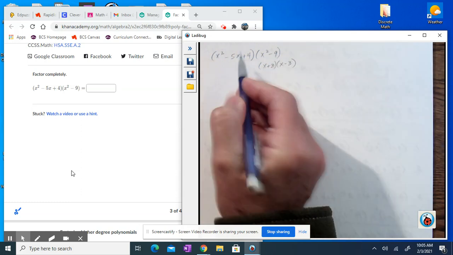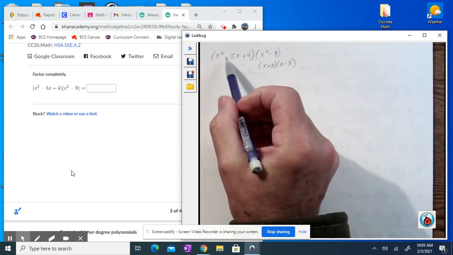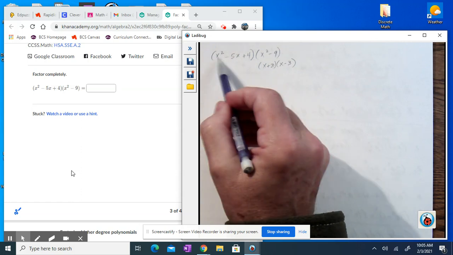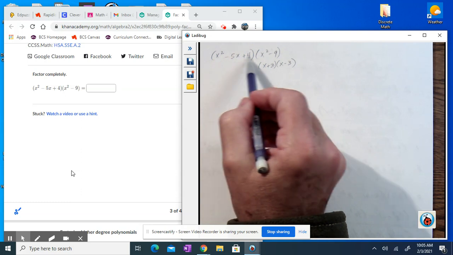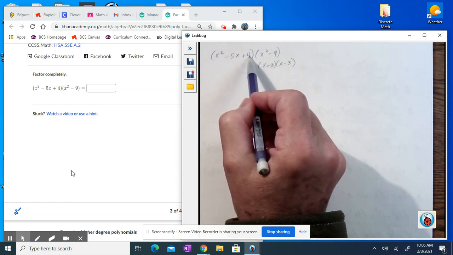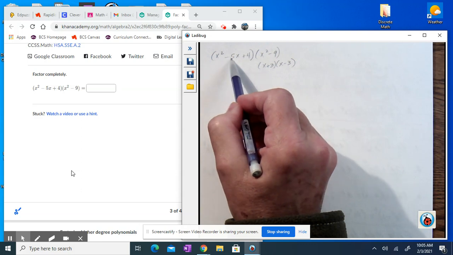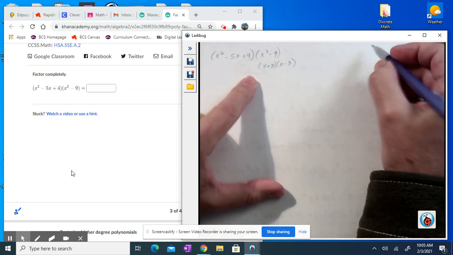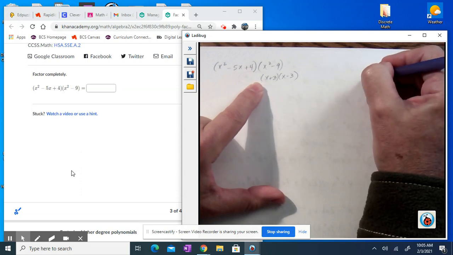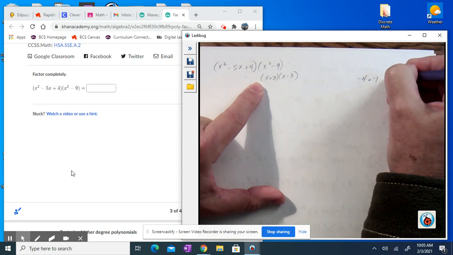Over here, I think this will factor. Remember, when you have just a typical trinomial like this, it's quadratic, and you want to factor it, you're just looking for two numbers that multiply to 4 but add up to -5, right? So two numbers that multiply to 4 are -4 times -1, right?